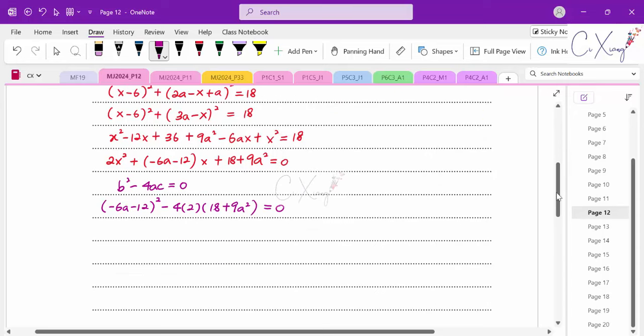Okay, so simplify from this part. Of course, you still need to expand everything. So expanding, I'm having 36a squared, then plus 144a plus 144. So just try to expand everything.